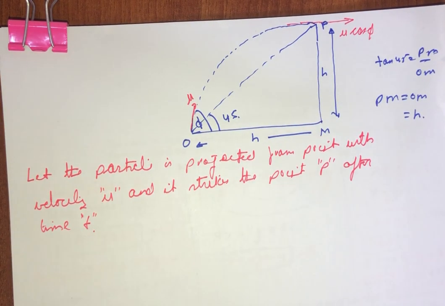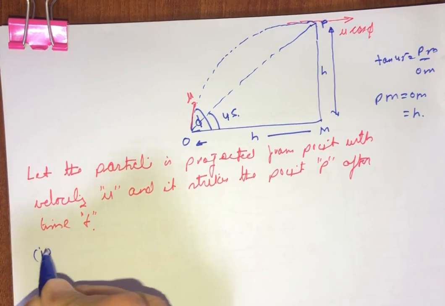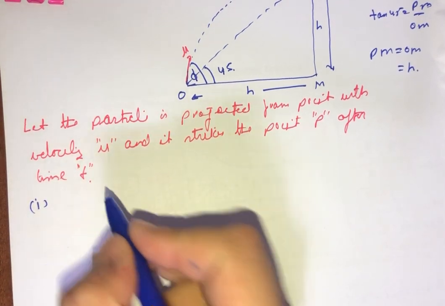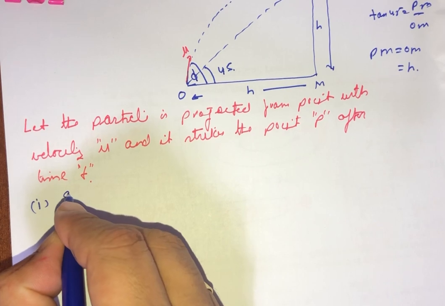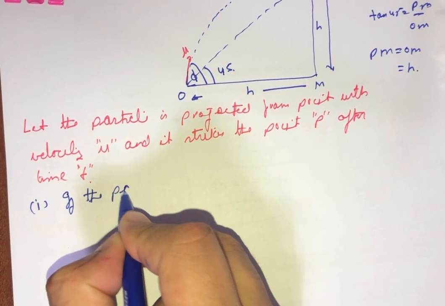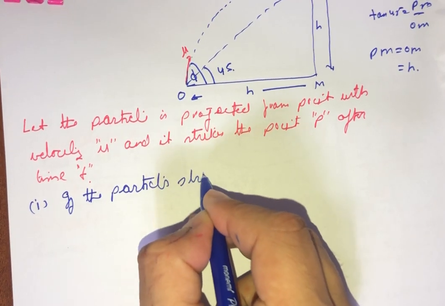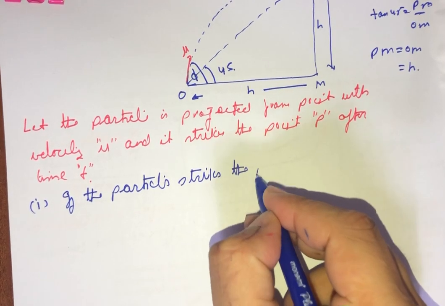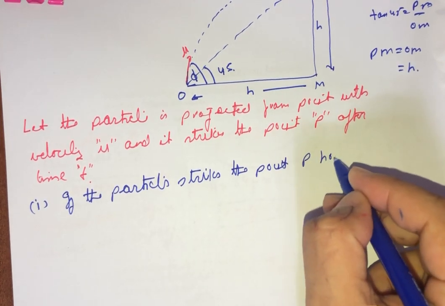So in the first case we are supposed to find out if the particle strikes the point P horizontally.